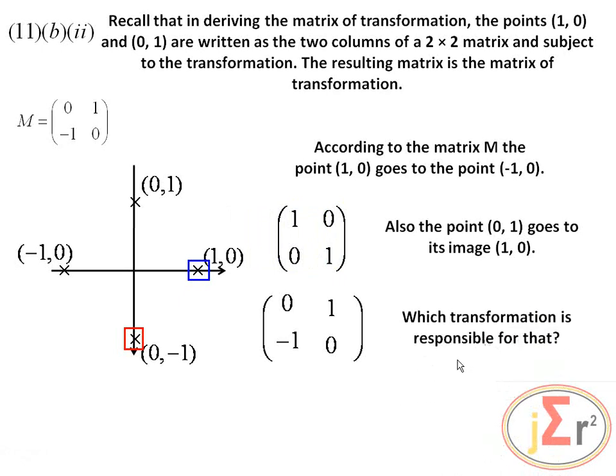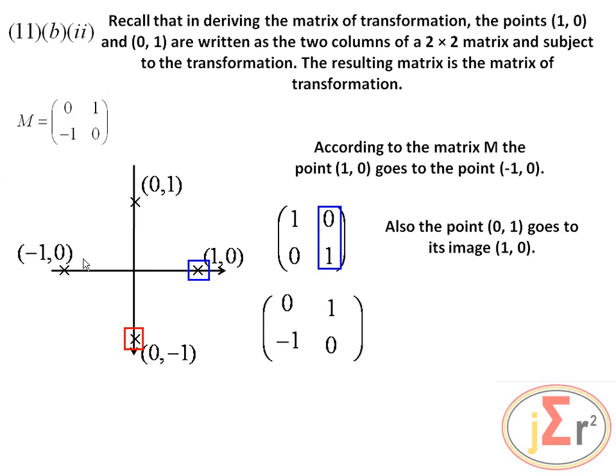Which transformation is responsible for that? The requirement of the problem at this stage is that we need to write a full description of the transformation that this matrix is responsible for.